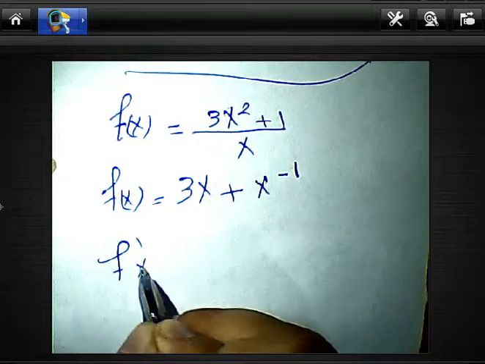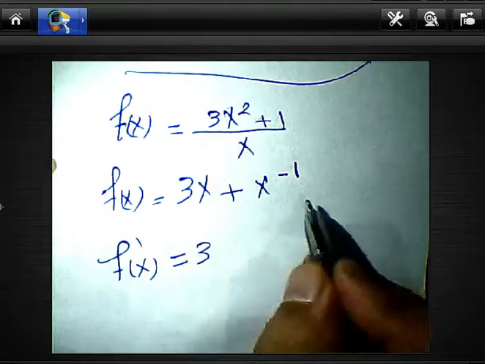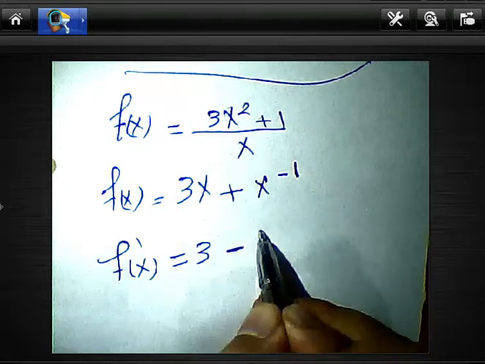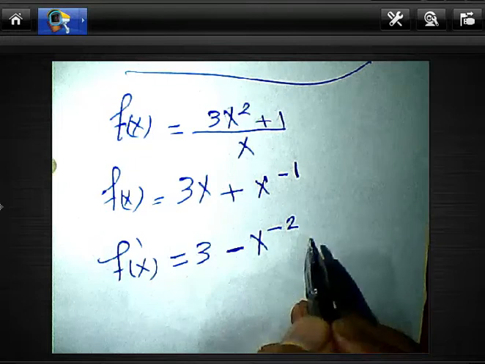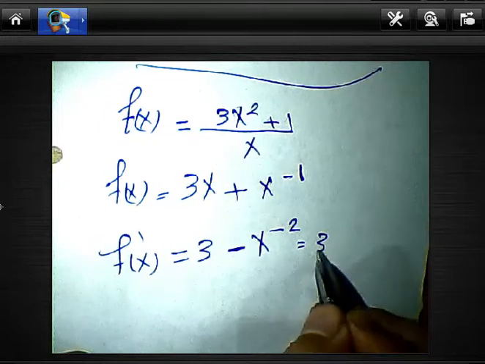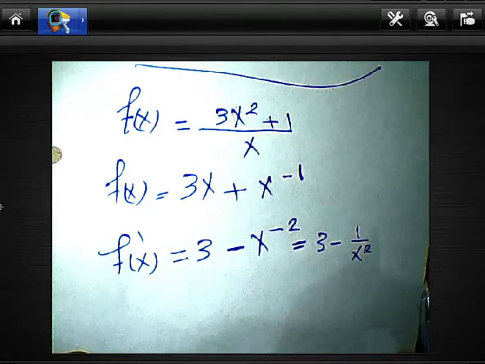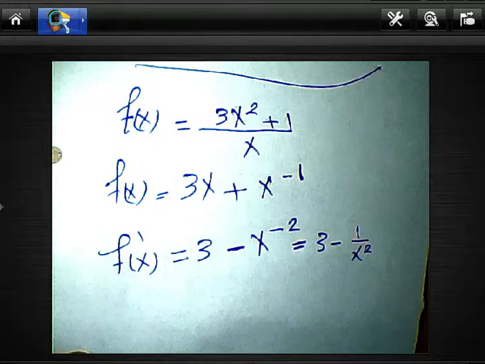And f dash of x equals 3, and we drop this power here and subtract 1 from this power. So the result will be negative x power negative 2. We can simplify it: 3 subtract 1 over x power 2. It's okay, the derivative of this function.